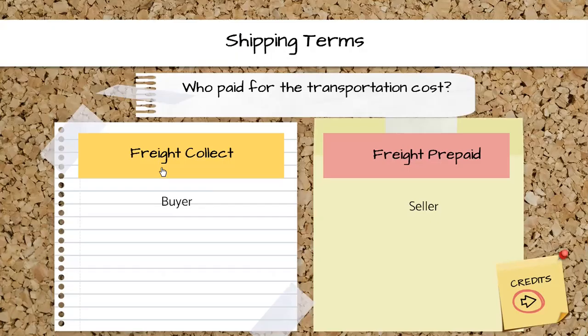So, doon na magbabayad si buyer ng transportation cost. Now, pag freight prepaid, ibig sabihin, before pa shinip, binayaran na, prepaid na yung freight charges ni seller. So, therefore, ang nagbayad ng transportation cost pag sinabing freight prepaid ay ang seller.